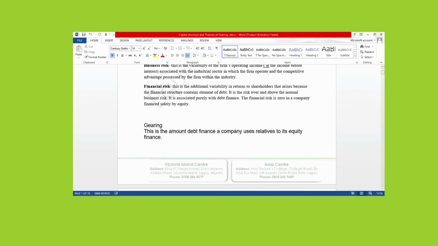We explain the meaning of leverage, that is gearing, the extent to which a business is funded with borrowed funds, the proportion of debt capital in the company's capital structure. That is your gearing ratio.